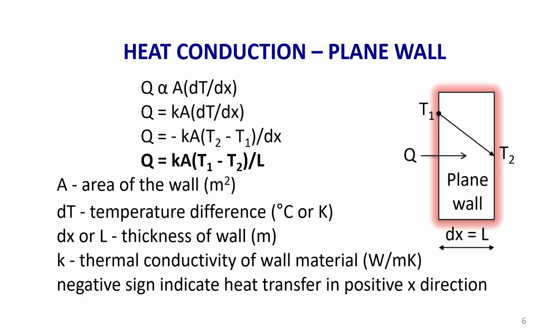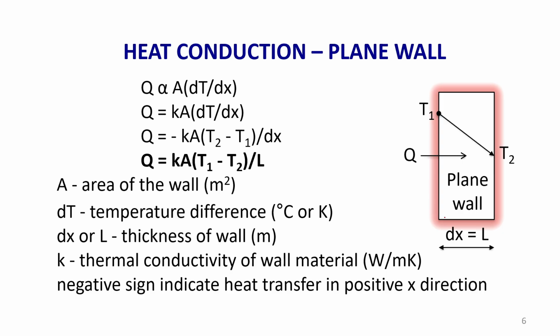So here, what does Fourier's law of heat conduction say? Q, the amount of heat flowing, is directly proportional to the temperature difference, delta T, that is T1 minus T2, and the thickness of the wall, dx, which is equal to L. The rate of heat flow is directly proportional to the area of the plane wall and the temperature gradient.